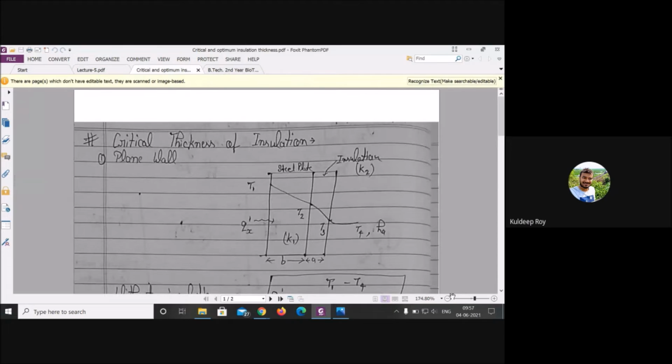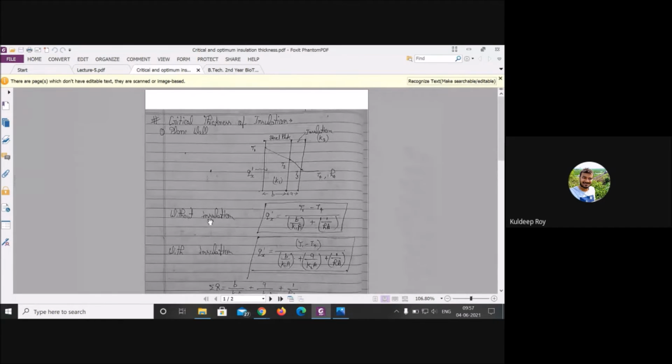First, you have any kind of furnace. Okay, this is a plain wall. Keep in mind, this is a plain wall. For the plain wall, you can see this is your material, the steel plate, and this is your insulation.